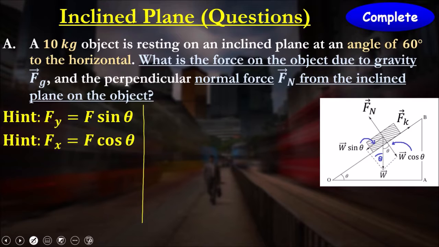All right. So the best way to start is always draw out the inclined plane you have. It's at 60 degrees. We have a mass of 10 kgs coming down like so. That will be more than enough information for you to work out what the normal force is and what the gravitational force is.